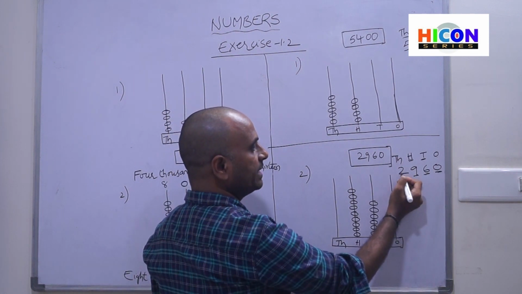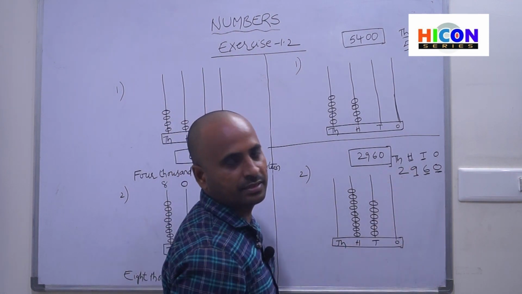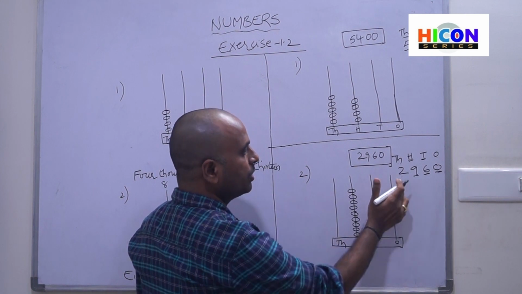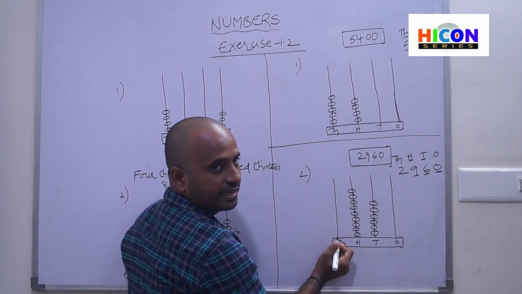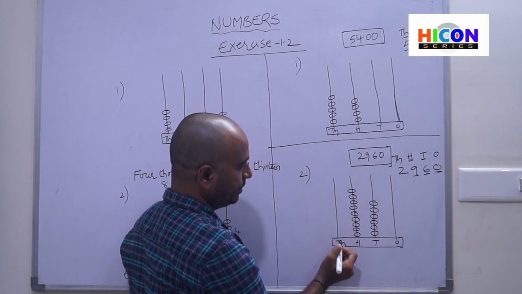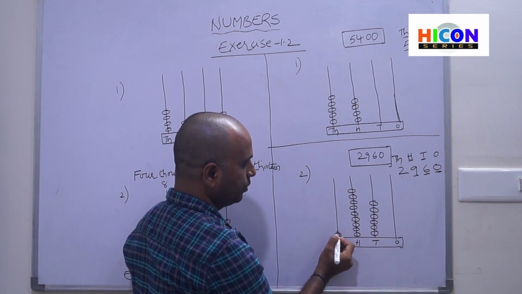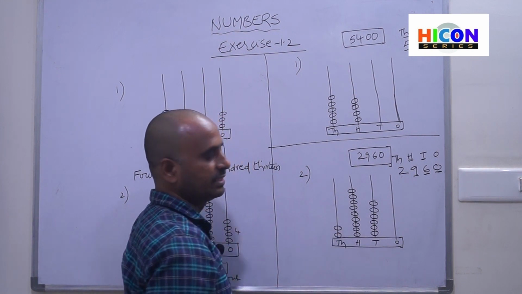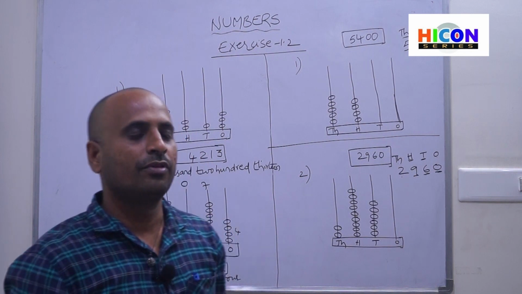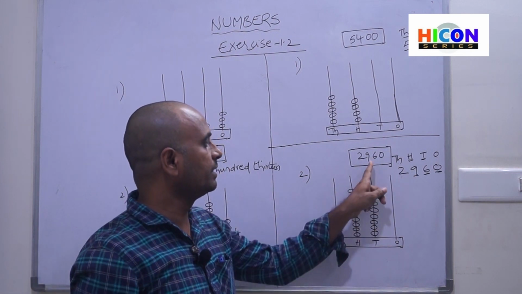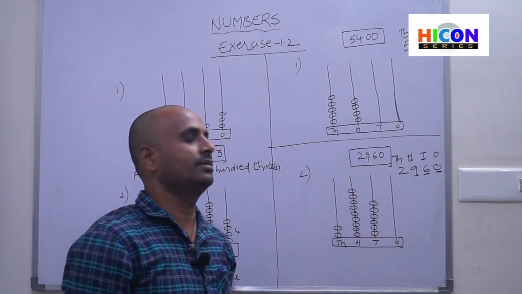And 2 is present in the thousands place, so we have to draw 2 beads on the thousands place stick: 1, 2. This is the way of drawing beads for the given number on the abacus.